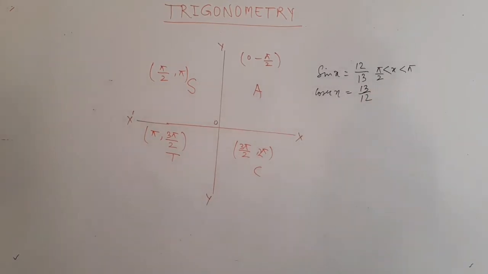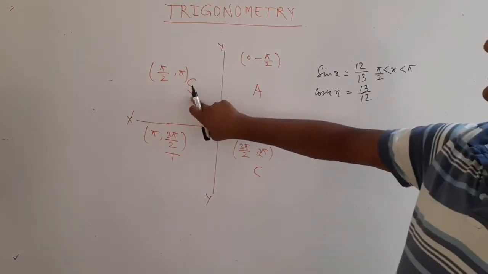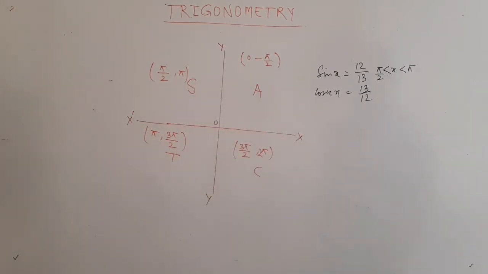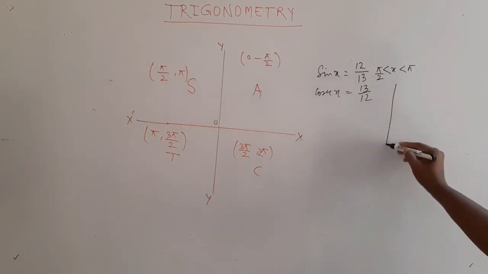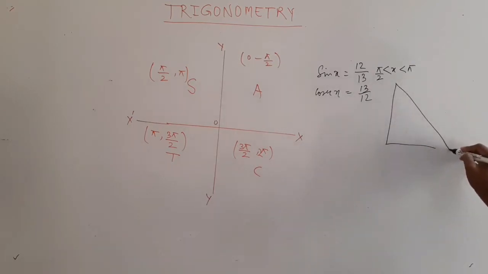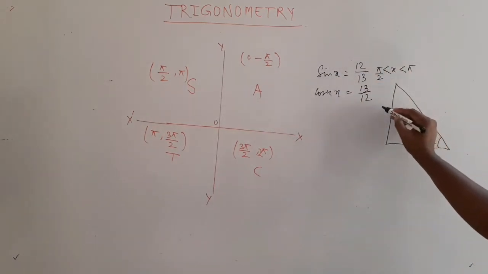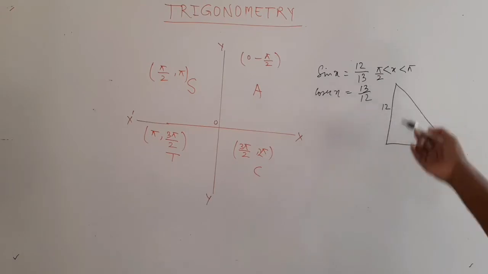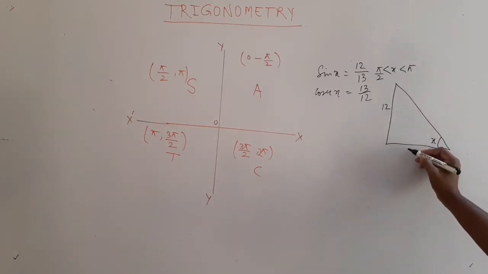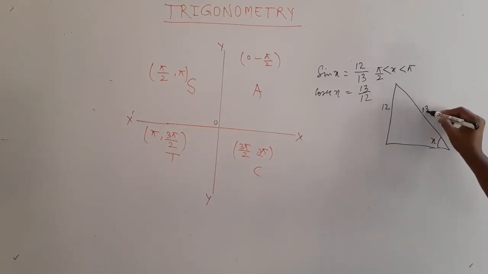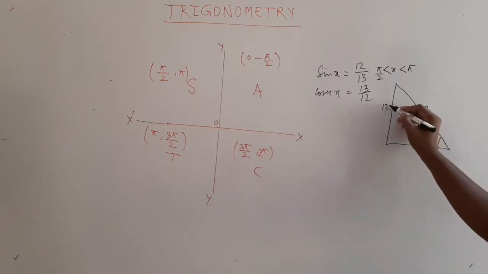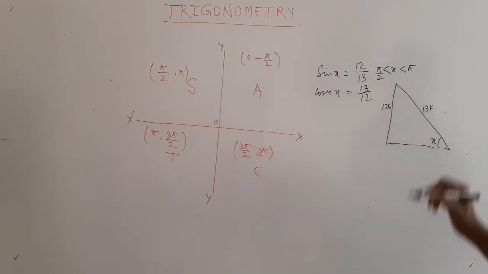This is positive. Now I have to find cos. So how to find cos? You can find cos in two ways. Either you just draw a tiny triangle like this. This is x, and if this ratio sin x is 12 over 13, so the opposite is 12 times a constant value, and the hypotenuse is 13 times a constant value definitely. So I can call it 12k and 13k.